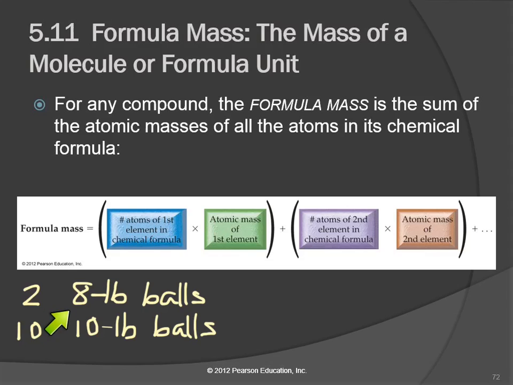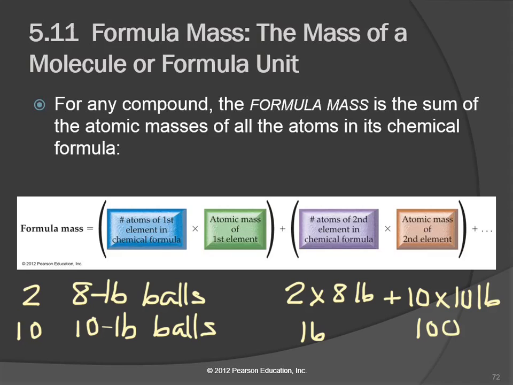We're going to look at the mass of the balls inside. So there are 2 8-pound balls, so we would take 2 times 8 pounds, and then we would add 10 times 10 pounds. So this would be 16, and this would be 100, and we'd say the box must weigh about 116 pounds.